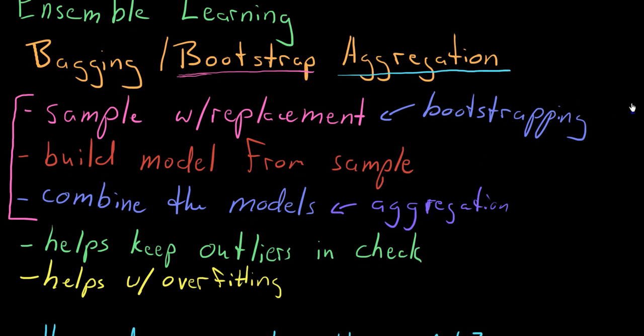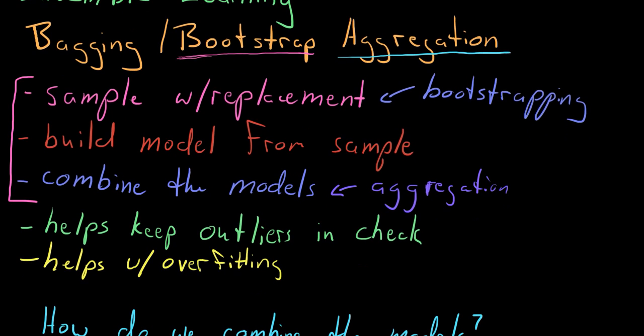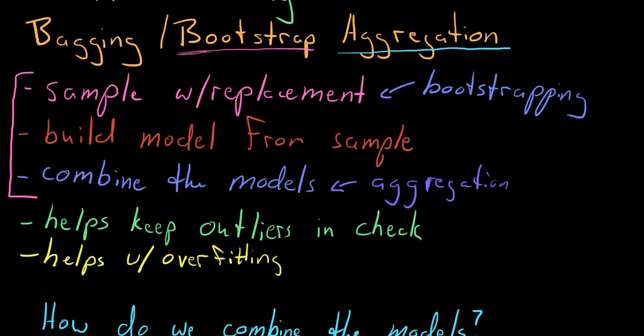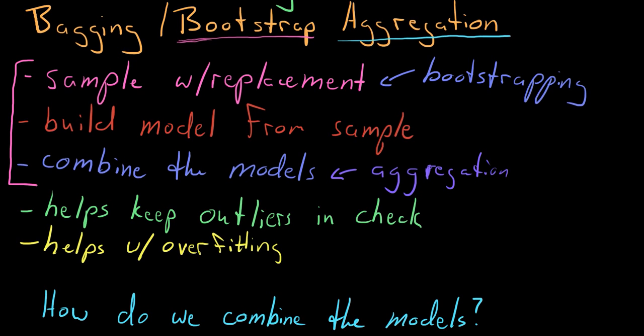And so the first part is the bootstrapping. That's where the name comes from in statistics. And we build some models. And remember, because it's with replacement, we're going to have some duplicate data, but it turns out that doesn't matter. The statisticians prove that either way it still helps, and they prove that through bootstrapping. Bootstrapping is a very old technique, and you can probably find it in a lot of statistics books. And then we combine the models somehow.